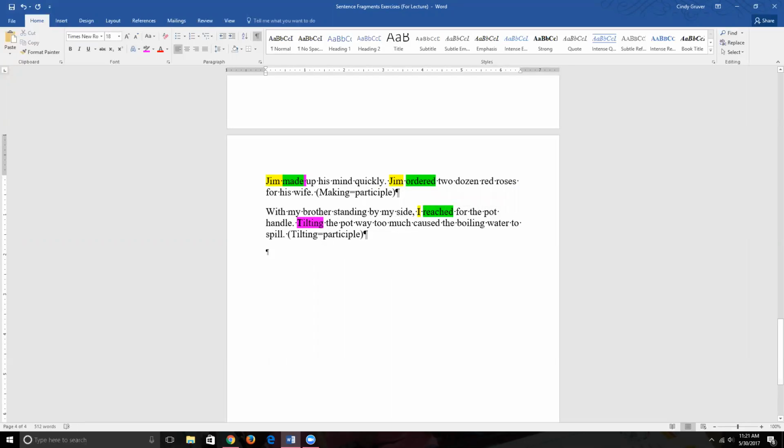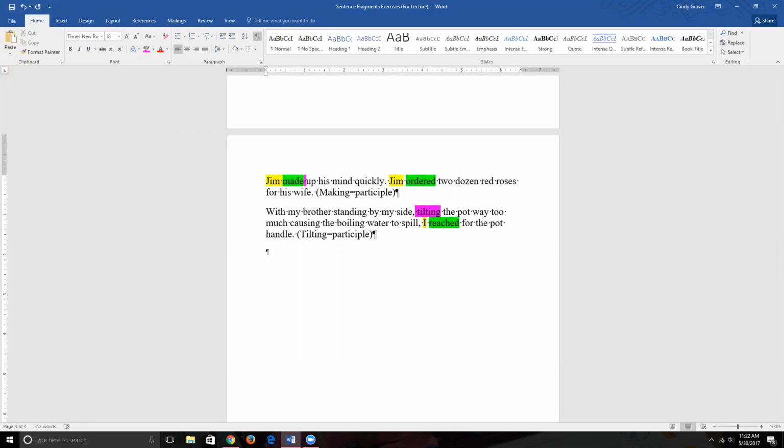So we could do this, but gosh, when you see it, you're going to be appalled. I'm just going to do it so you can see how awful this really, truly is. With my brother standing by my side, tilting the pot way too much caused the boiling water to spill, causing the, we have changed this to causing.